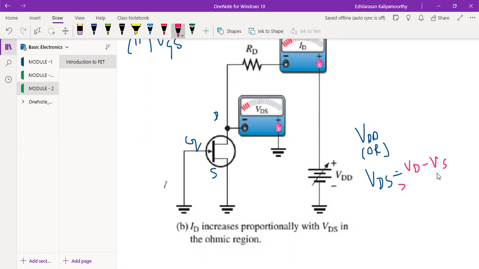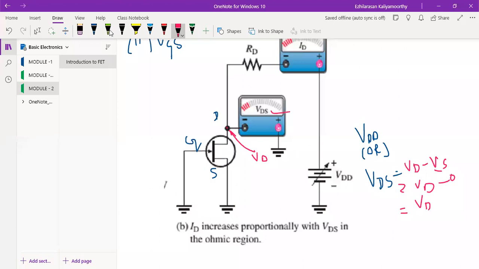But as we know the VS is connected to ground, so it is VD minus 0, so it is nothing but VD. That is the voltage at this point, this point only. I can say it is VD, or I can call this VDS also.